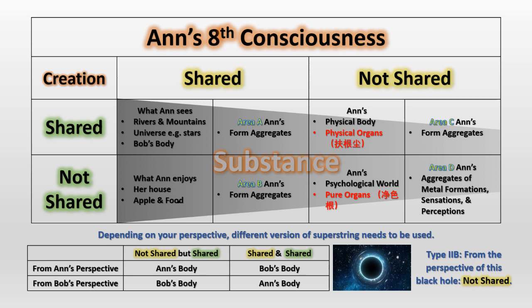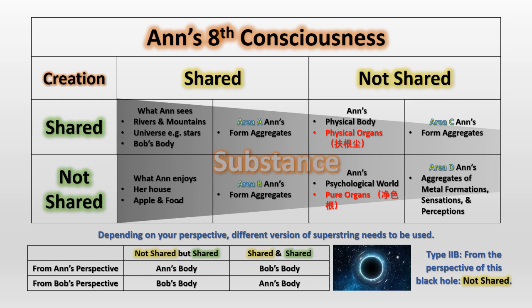From N's perspective, N's body is not shared but shared, as many other beings, like Bob, are co-creating her body. To N, Bob's body is shared and shared. But from Bob's perspective, it is the reverse. If it is too complex to understand, just imagine there are 4 areas of storage for substance, A, B, C, and D. These storage areas are maintained by seeds of the 8th consciousness, as previously mentioned.